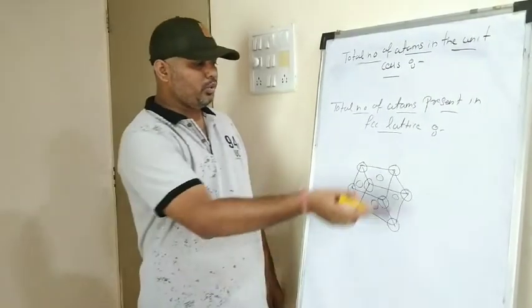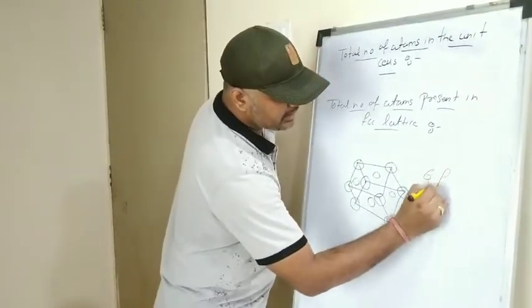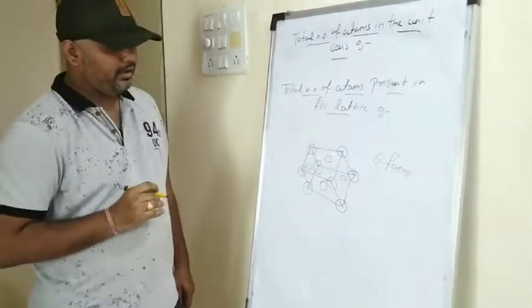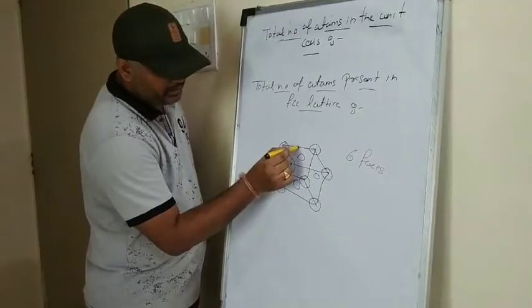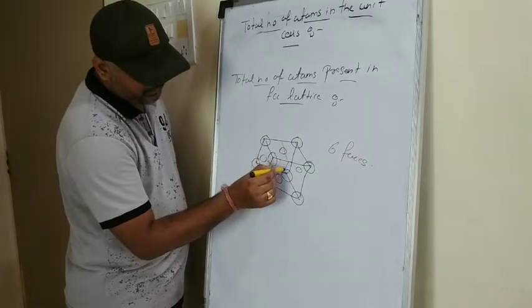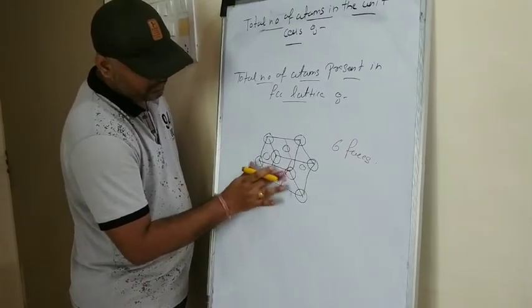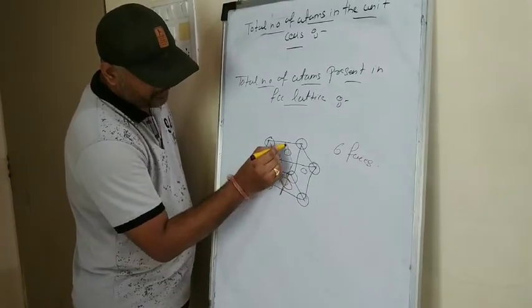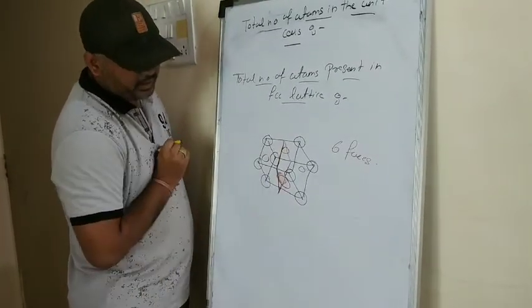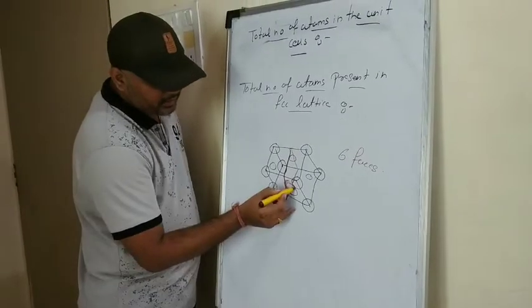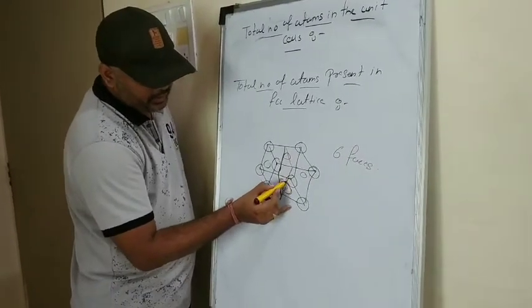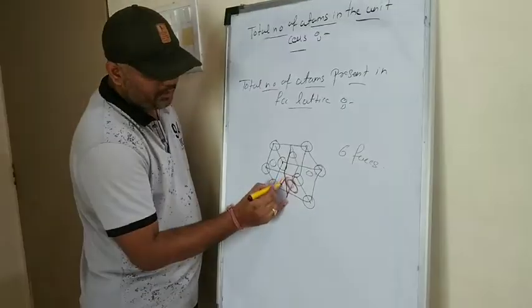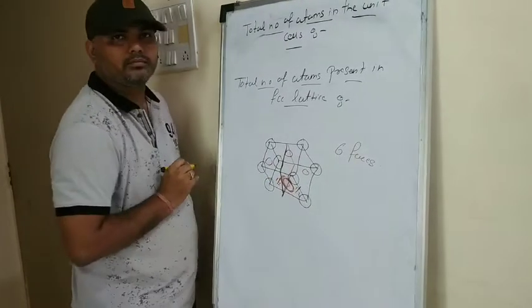So here there are a total number of how many faces? 6 faces are there, right? So let's say if I divide this particular crystal into 2 halves, you can clearly see this particular particle which is present at the face is getting divided into 1 by 2 and 1 by 2 part, right?